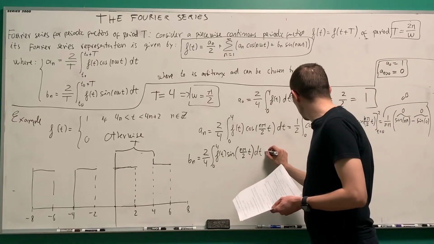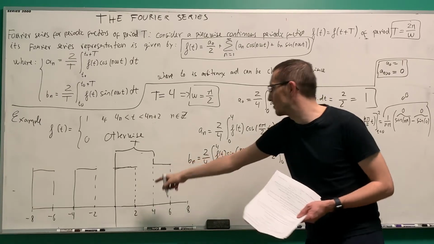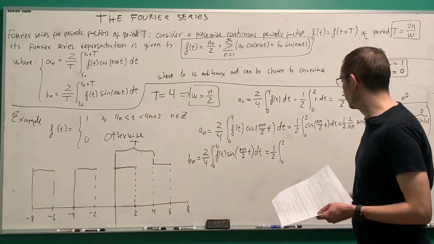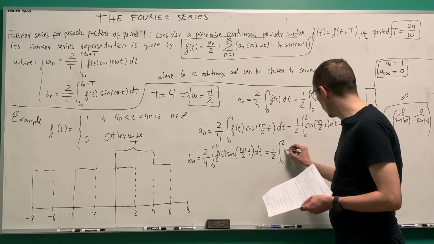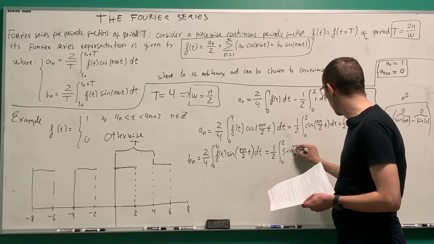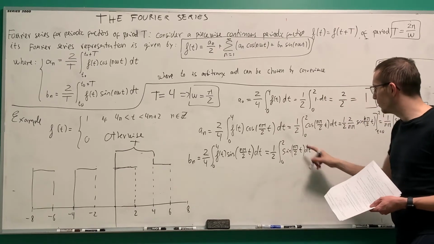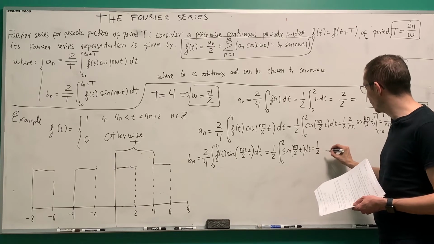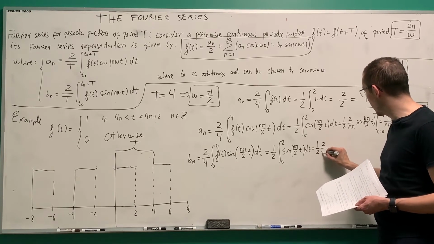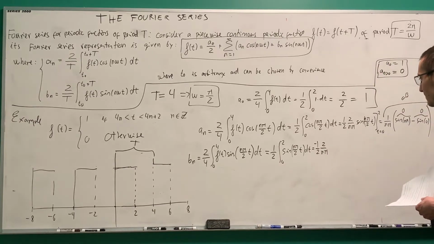All right, so we do the same as before. This is 1 over 2 times the integral from 0 to 2, because the function is 0 from 2 to 4, of 1 times the sine of n pi divided by 2 t dt. And this is equal to, again, same as before, 1 over 2, and then 2 divided by n pi with a minus, because the integral of the sine is the minus cosine.